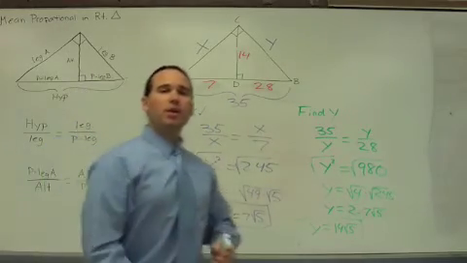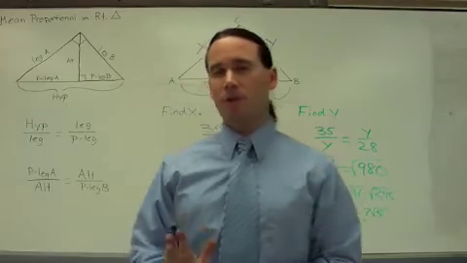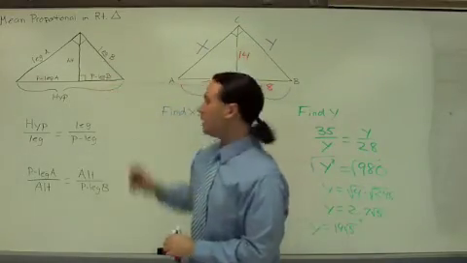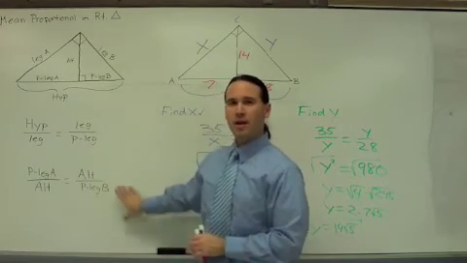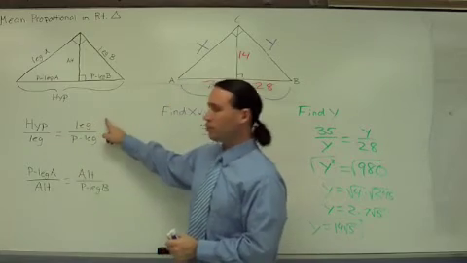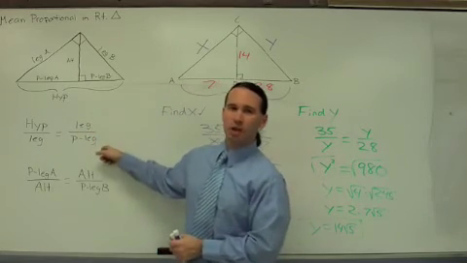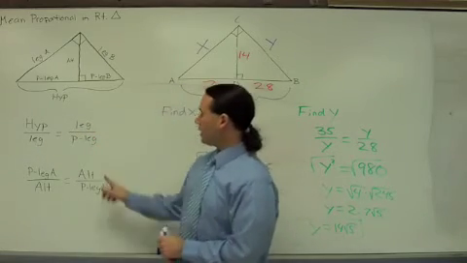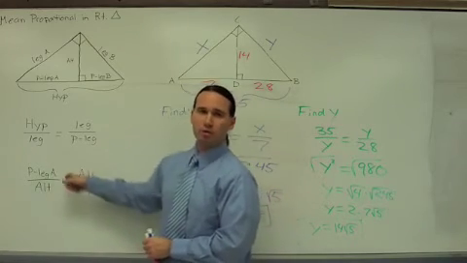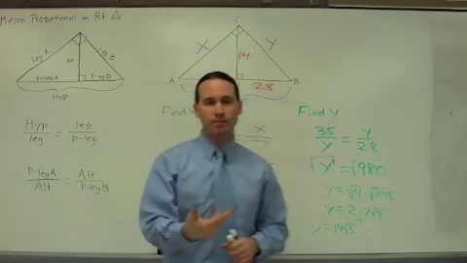And there you have it. So the key with these mean proportionals is, well, first of all, you need to know the picture and what everything is called. And you need to know these two proportions. They're very easy if you just remember that. The leg is the mean proportional to the hypotenuse and its projection, and the altitude is the mean proportional between the two segments or the two projections, however you want to remember it.